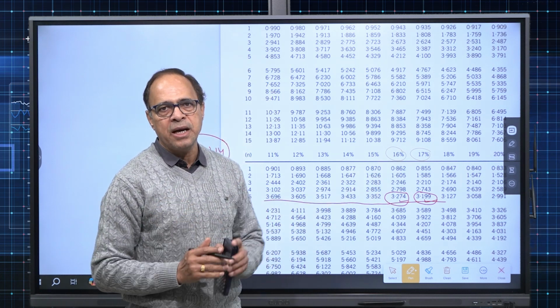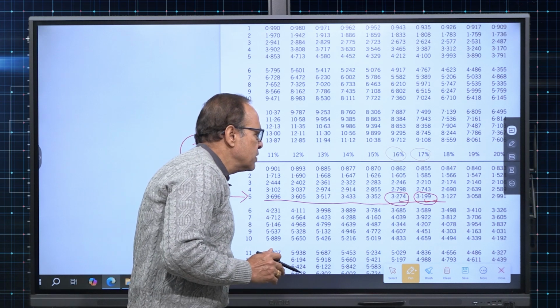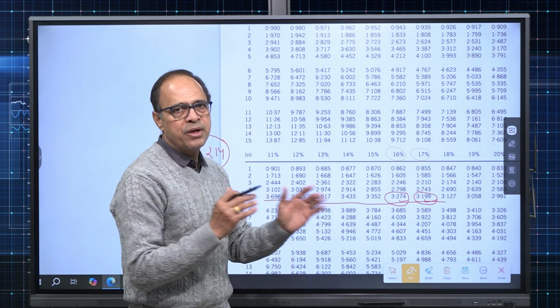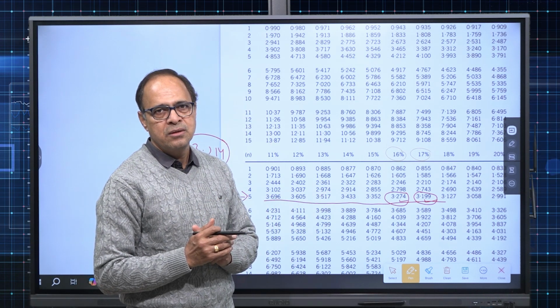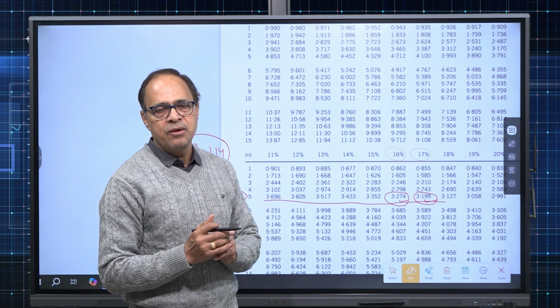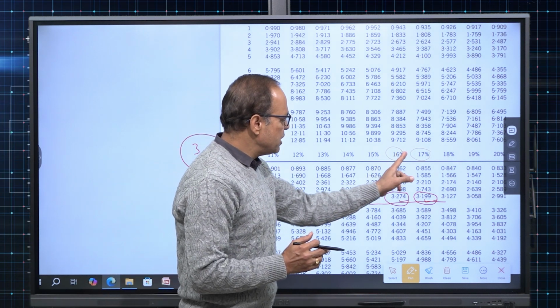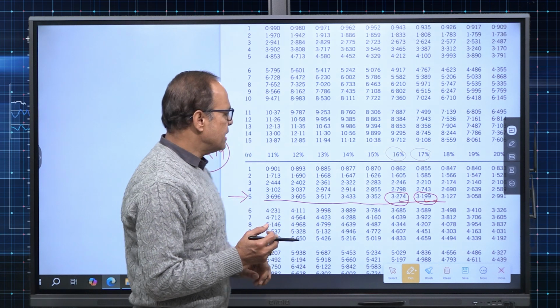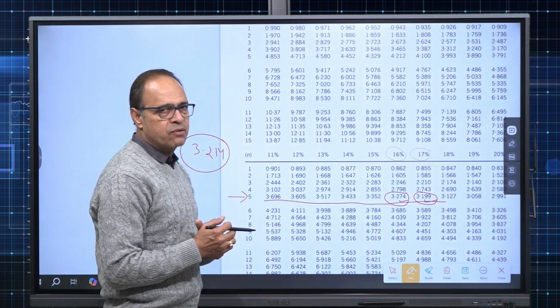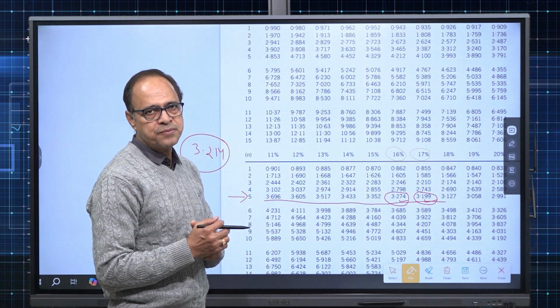This simply implies that IRR is between these two rates, but we will not leave it at that point. We will find out the approximate answer. That means what is the rate between 16 and 17 that will make my time value factor equal to 3.214.